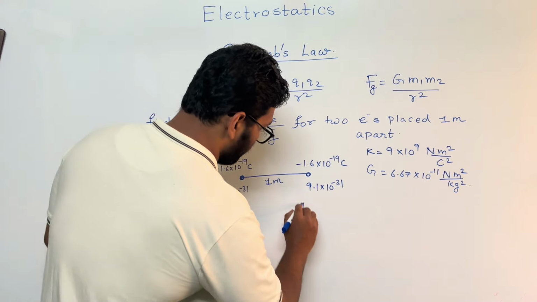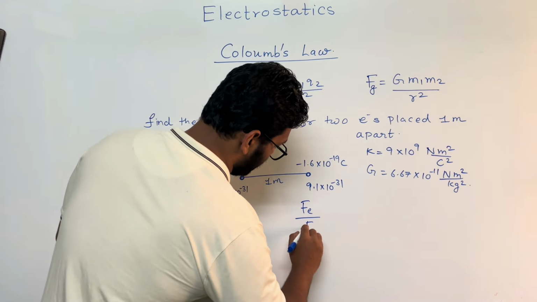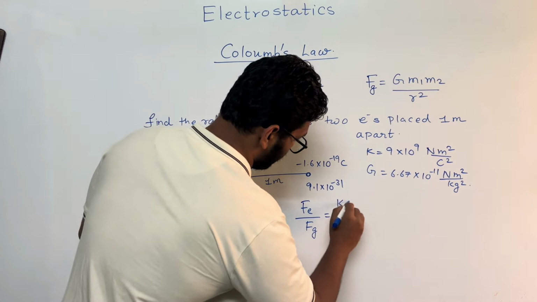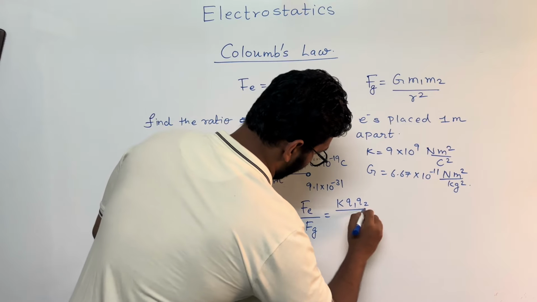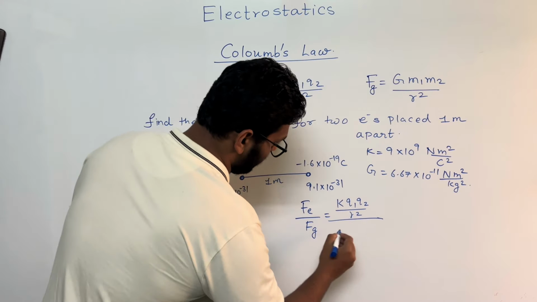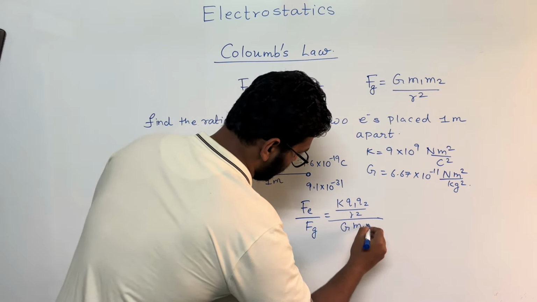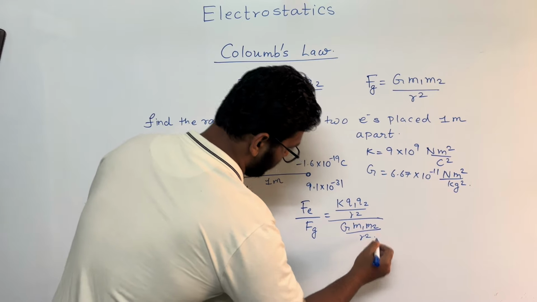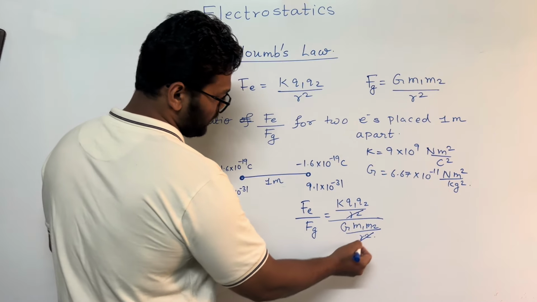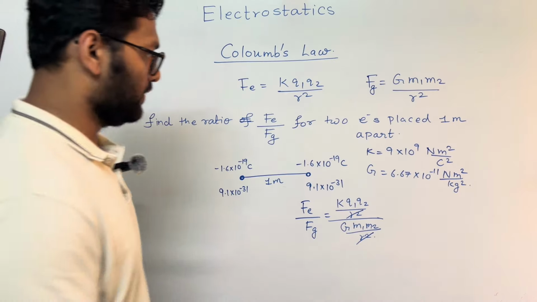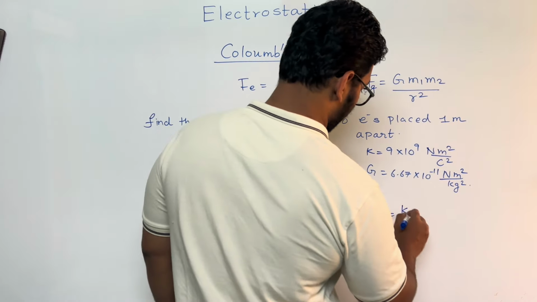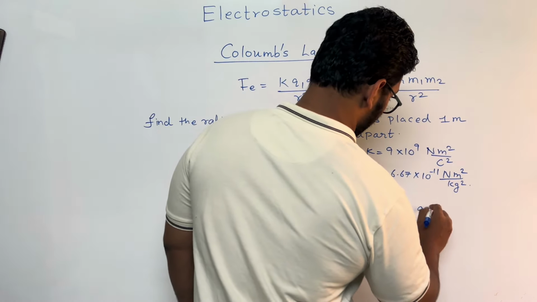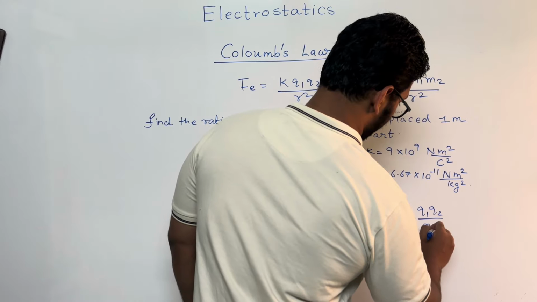So let's do that. Fe upon Fg is equal to, Fe is K Q1 Q2 by R square divided by Fg, which is G M1 M2 by R square. Now R is same in both the cases, so I can eliminate it, and then it will be K by capital G into Q1 Q2 by M1 M2.